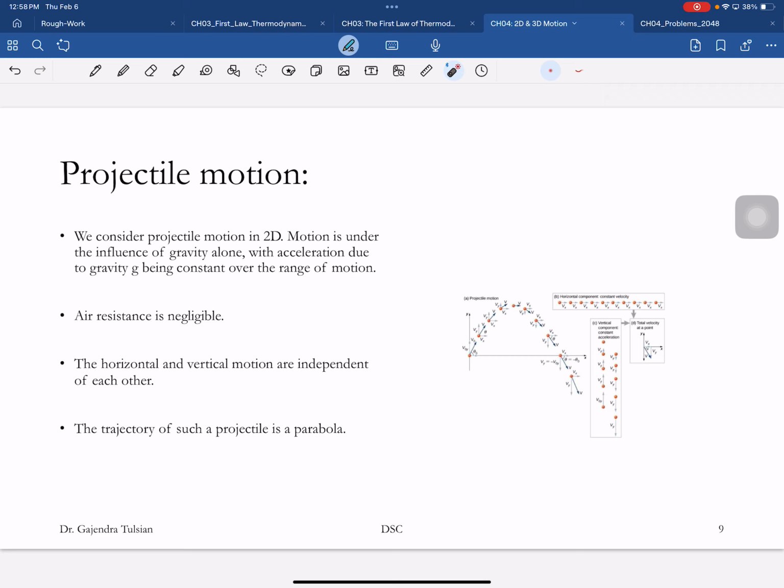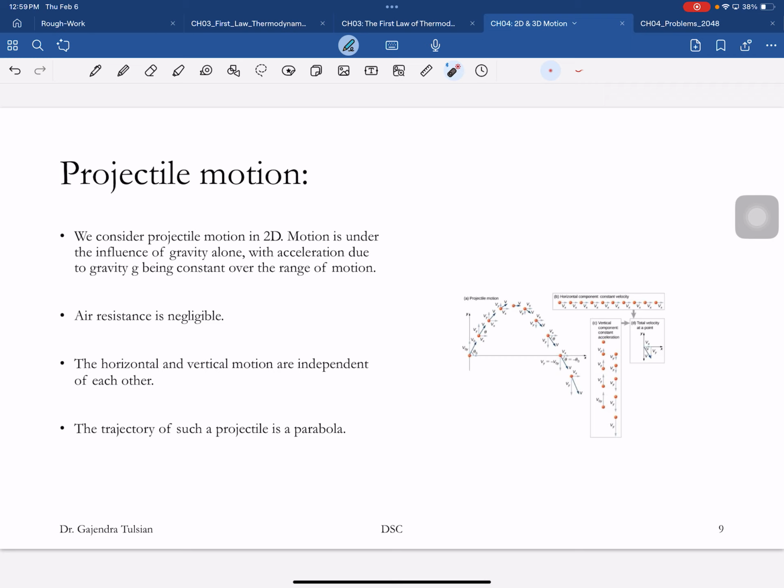Is that a projectile motion? Yes. All right, let's say I throw this and it goes 100 kilometers up. Will that be a projectile motion?